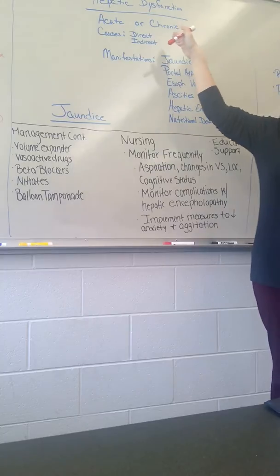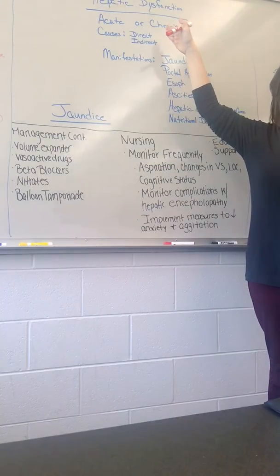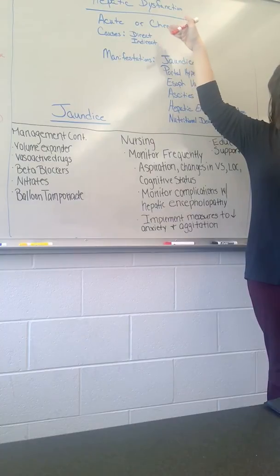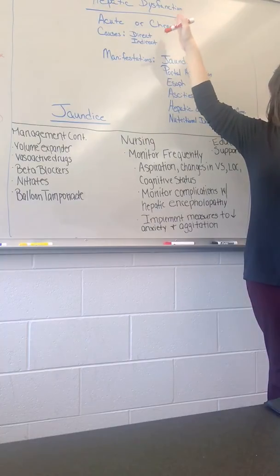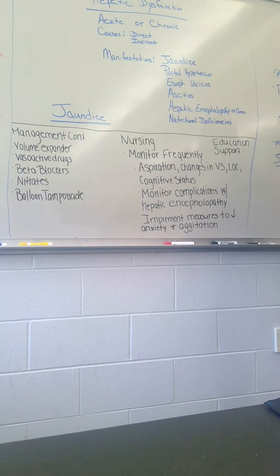It could be chronic, and that could be caused from cirrhosis of the liver or hepatitis or something of that nature. So it can be a chronic disorder that may wax and wane. You may have periods of time that they have a flare up and then they get better and then they have another flare up.